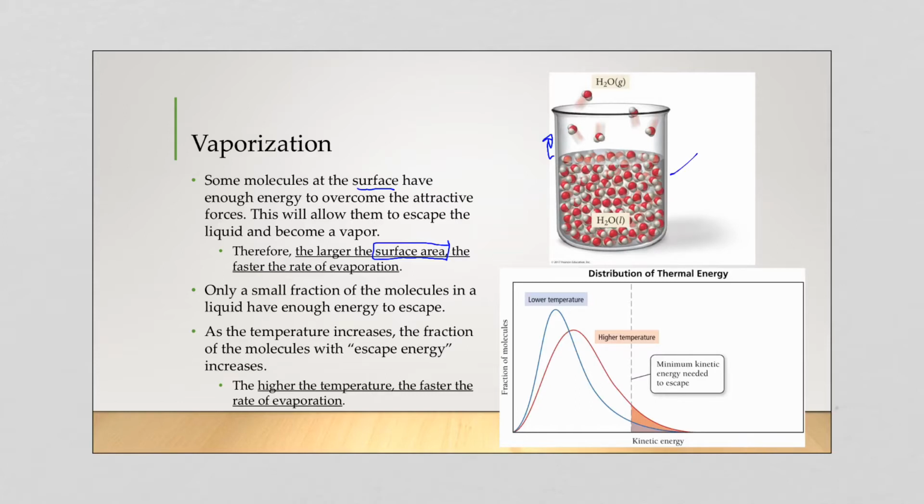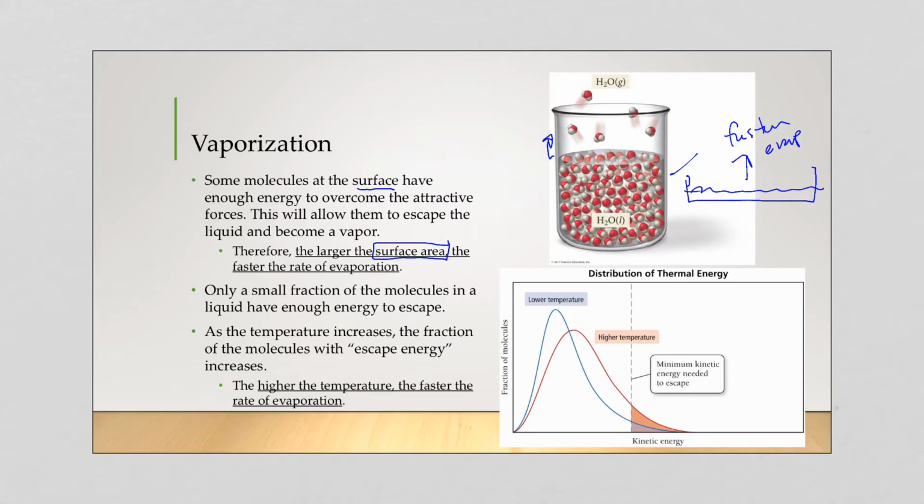If I take that same liquid and I put it in a shallow pan with a lot of surface area, we're going to have faster vaporization or evaporation, okay? Because surface area plays a role.